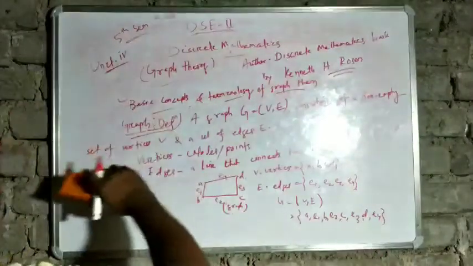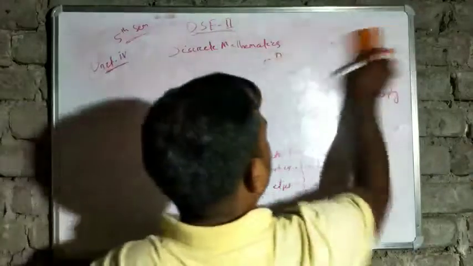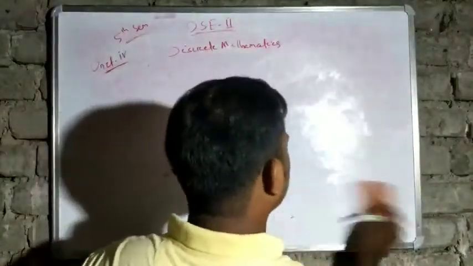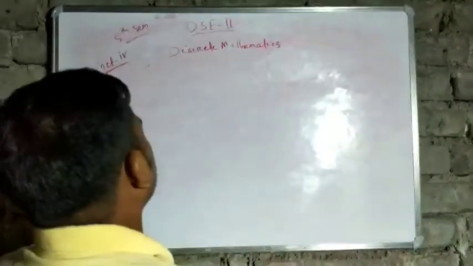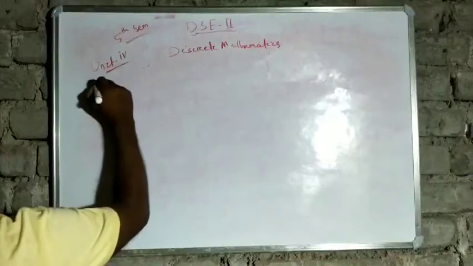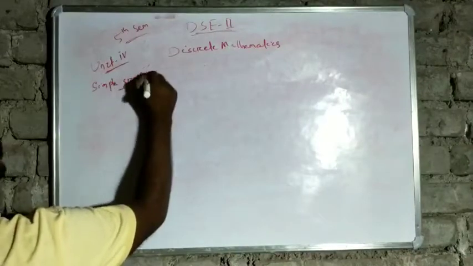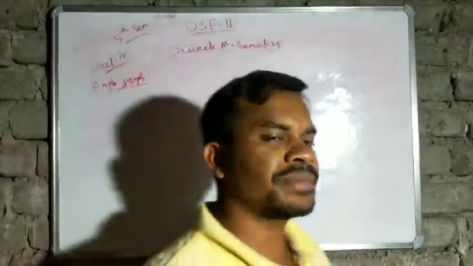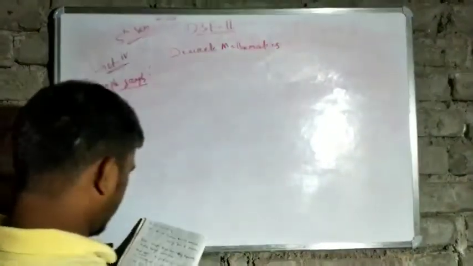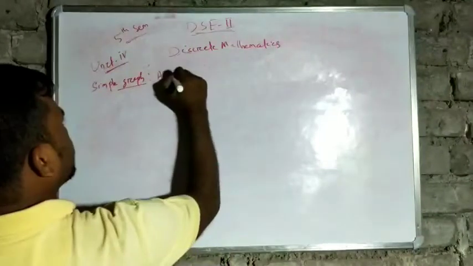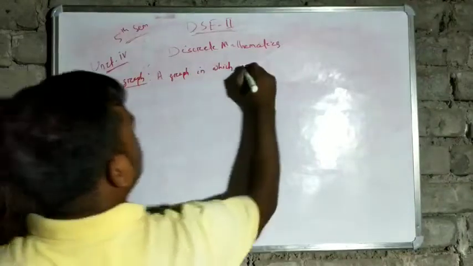Now we'll come to types of graphs. First I will cover what a simple graph is. What do I mean by a simple graph?